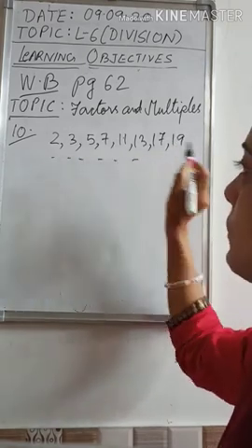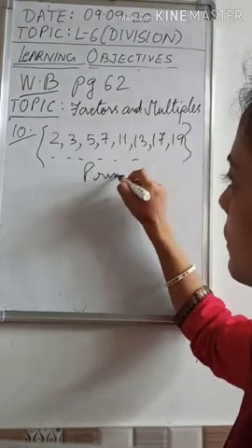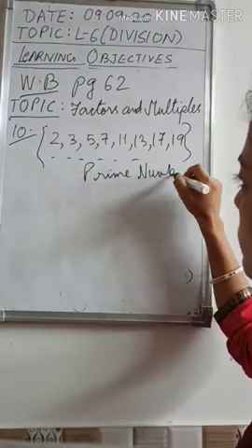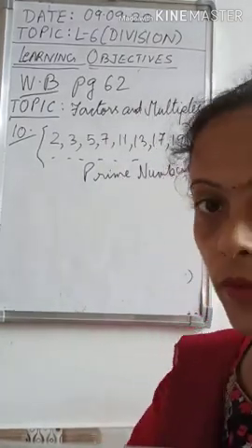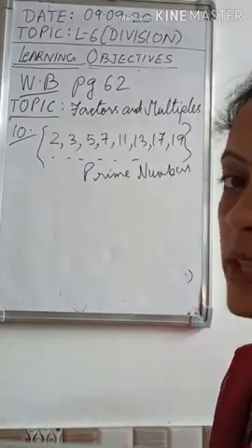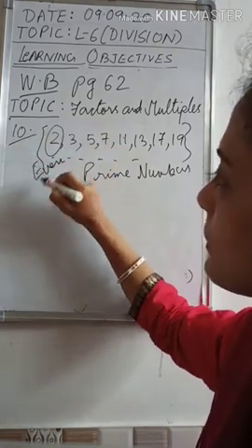In that way we will get many. So these are all what numbers? Prime numbers. If you look at the prime numbers, can you see something? Only 2 is the even number. Here 2 is the only even prime number.